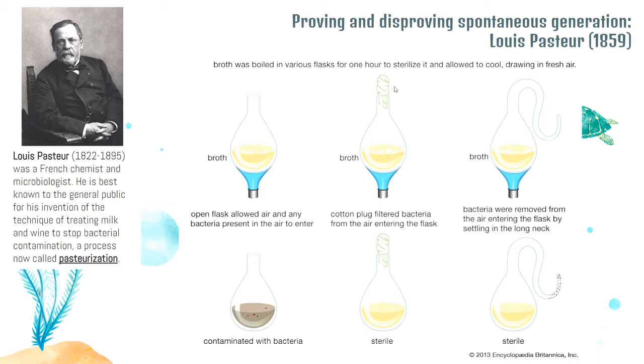Air could still enter, but bacteria could not. After several days, the broth remained sterile. No bacterial growth was observed. Okay, so this is one way already, okay, to disprove spontaneous generation.